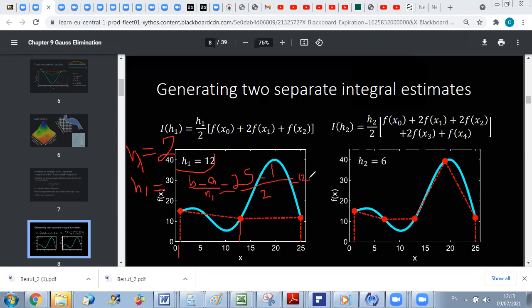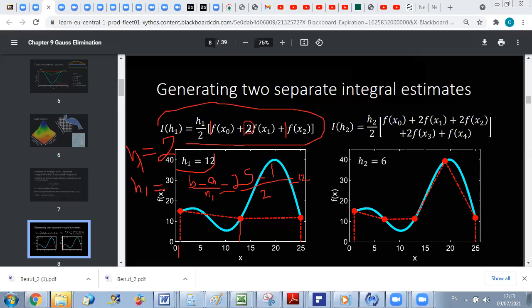Okay. Now, if I want to use the composite trapezoidal method, I just apply the rule. If you recall the general rule of the composite trapezoidal method, it's equal to the step size, h1 over 2, times, since I am using 3 points, a combination of 3 f's with different coefficients, because the extreme points will just have a coefficient of 1, and all points in between x0 and xn will have a coefficient of 2.